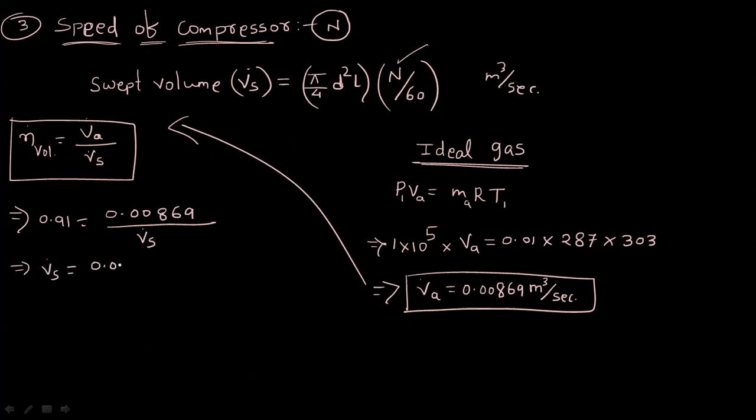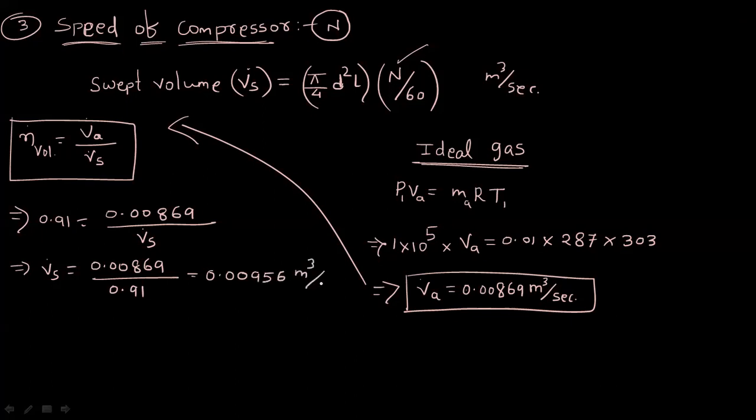So swept volume, how much we are getting? It will be 0.00869 divided by 0.91. How much is it coming? Swept volume is coming 0.00954. So how much volume we are getting? 0.00954.